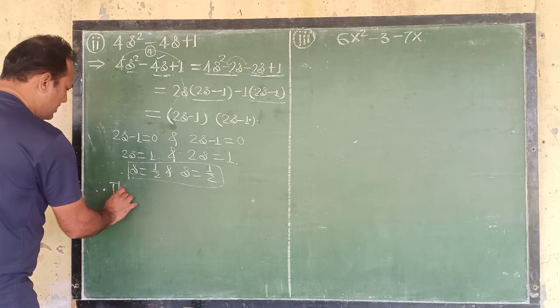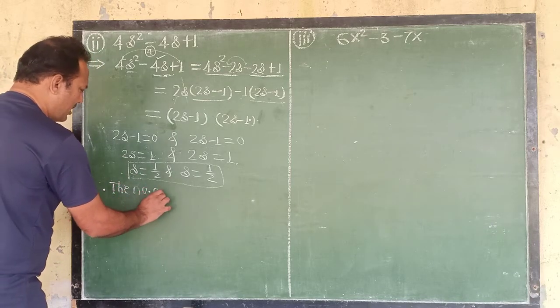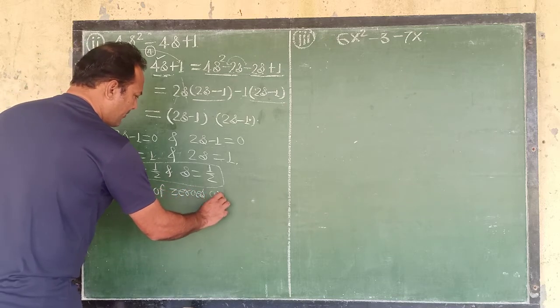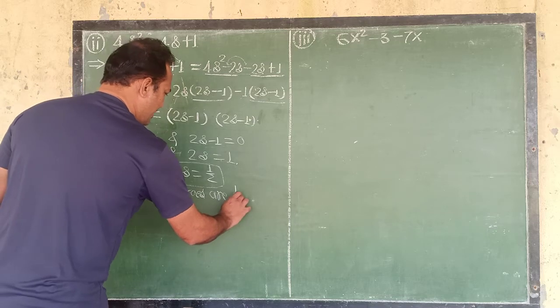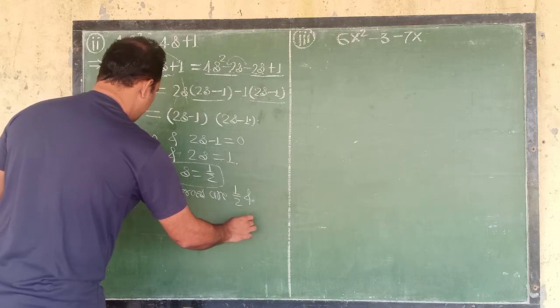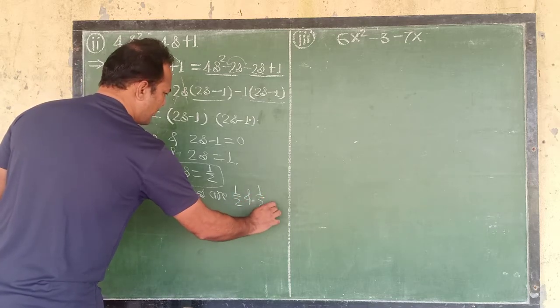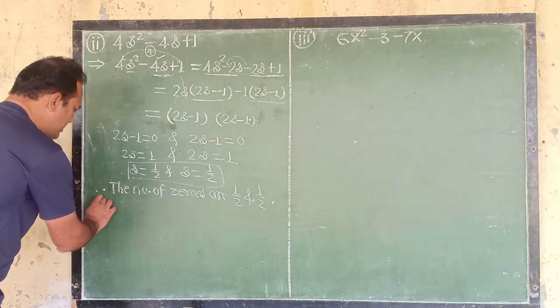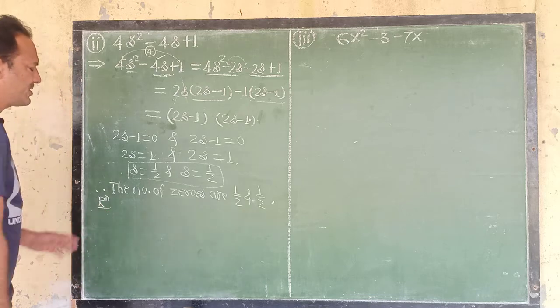Okay, these are the two zeros. Therefore, the zeros are 1 and half and 1 and half. Now we have to find the relation between them.